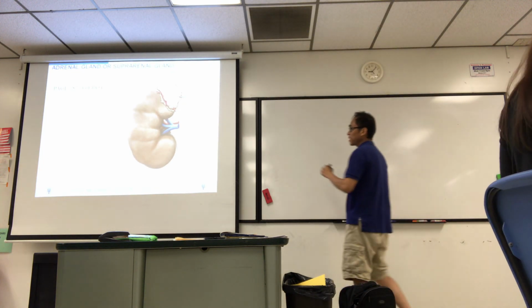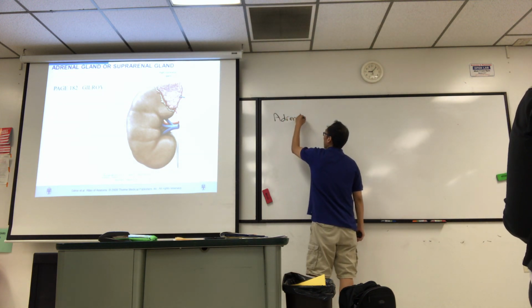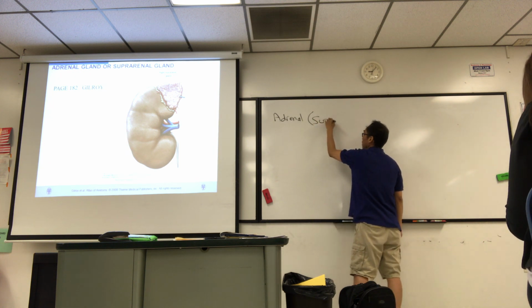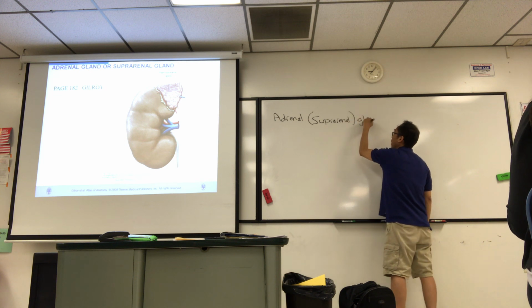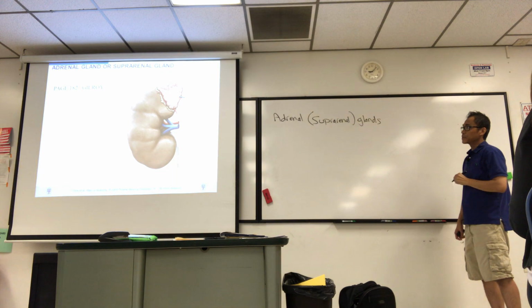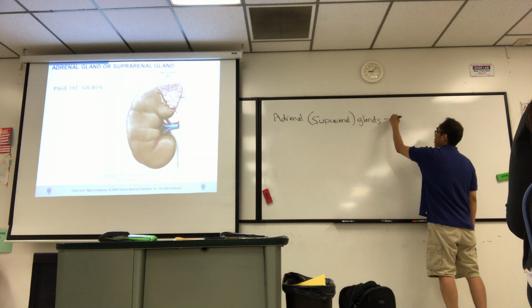Because they sit on the kidneys, the adrenal glands are also called suprarenal glands. Renal refers to kidney. Think of this gland as your major stress response endocrine gland.